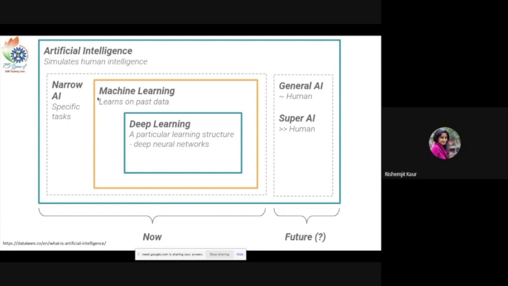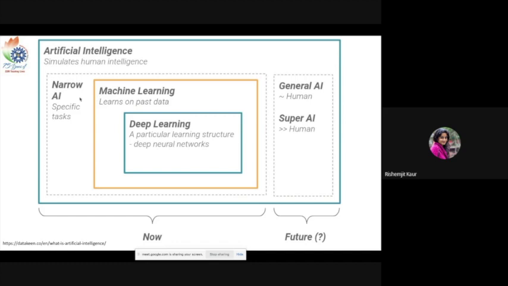A particular part of machine learning that these days we really work with is called deep learning. It is a very particular learning structure. Earlier, in the beginning, the rest of the algorithms we sometimes call shallow learning, for example decision trees or linear regressions.